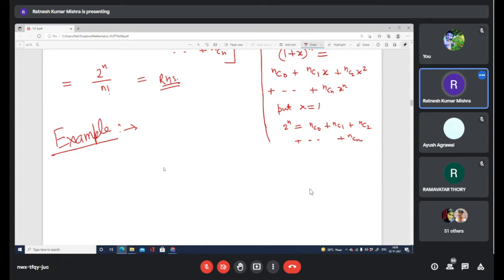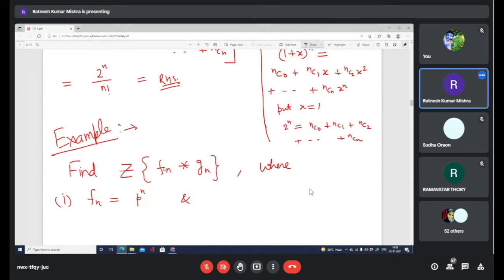Example. Good. So find the Z transform of the convolution of Fn and Gn, where first one Fn is p power n and Gn is q power n, and second one Fn equal to p power n equal to Gn.